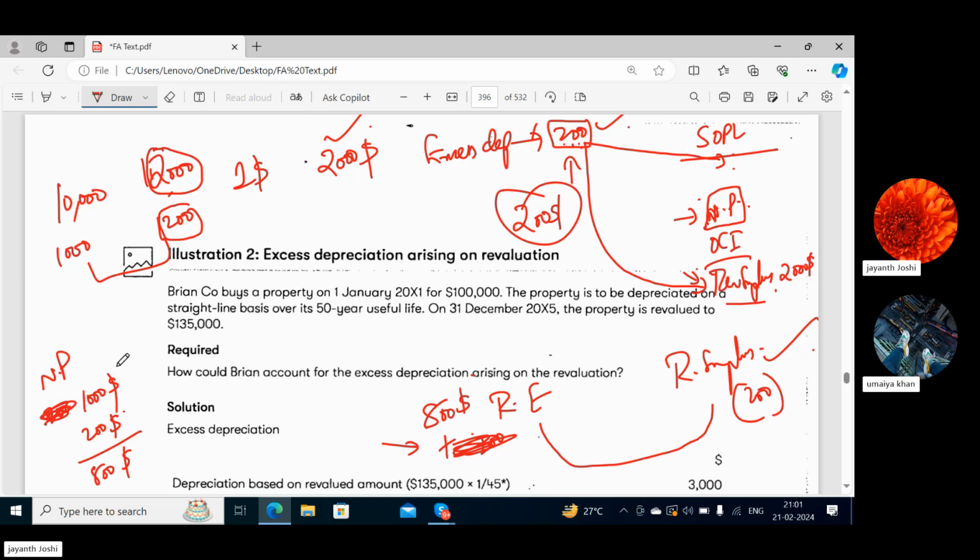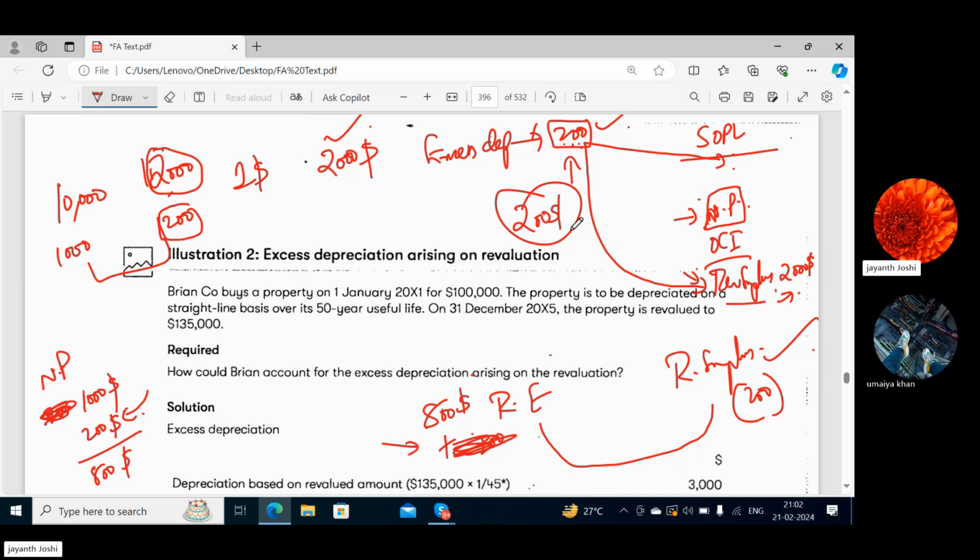Actually your profit should be how much? 1,000. Why 1,000? Because this 200 excess depreciation that we are showing here, this expenditure is not to be matched with this profit. It should be matched with the revaluation surplus, correct?